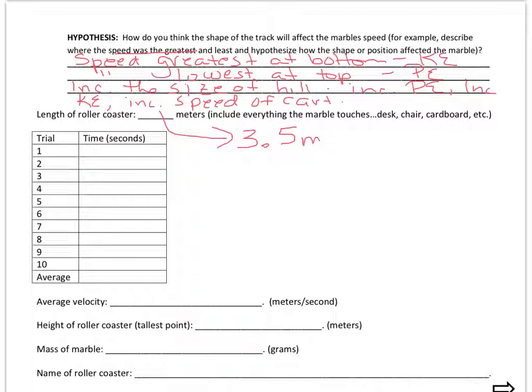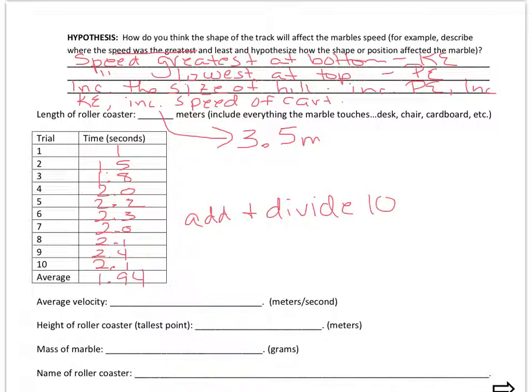So in trial 1, I have 1 second, then 1.5, 1.8, 2.0, 2.2, 2.3, 2.0, 2.1, 2.4, and 2.1 again. And then I take the average by adding all of those and divide by 10. Now, if you didn't have 10 trials, then you would divide by however many trials you had. Some people had 10, some people had 5, some people had 3.